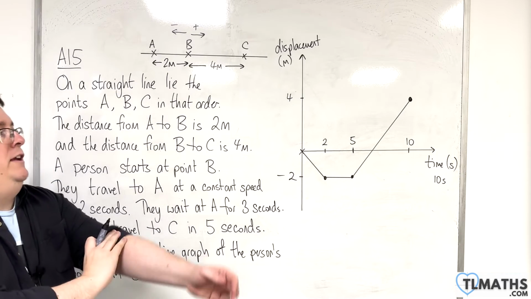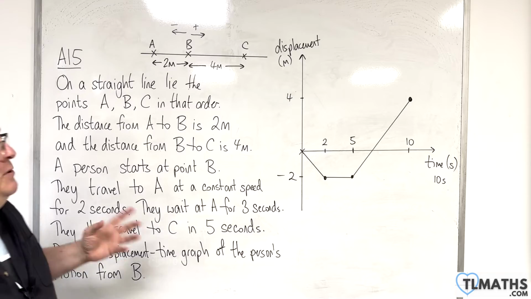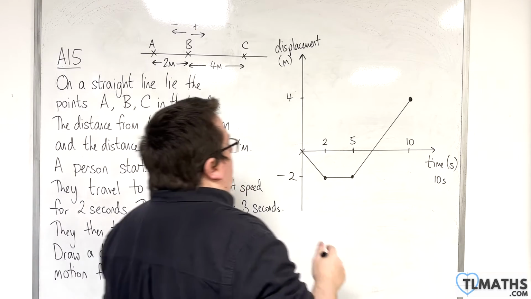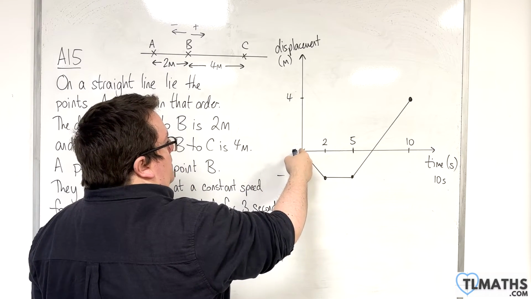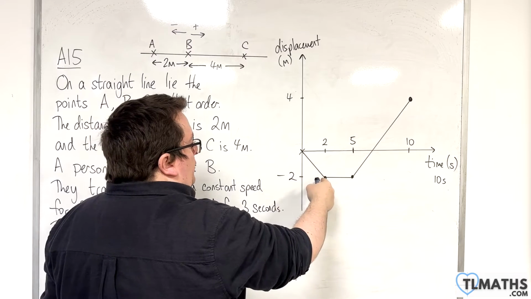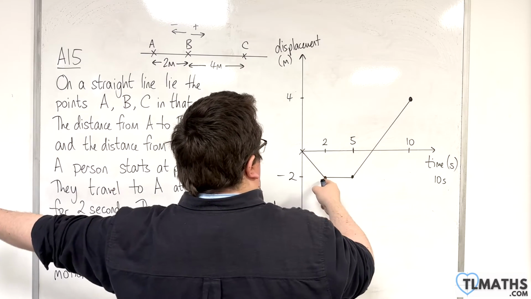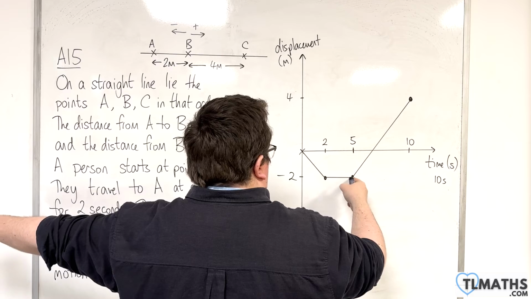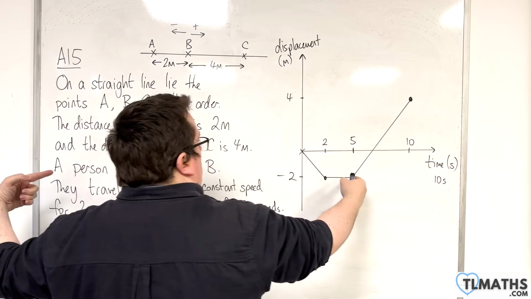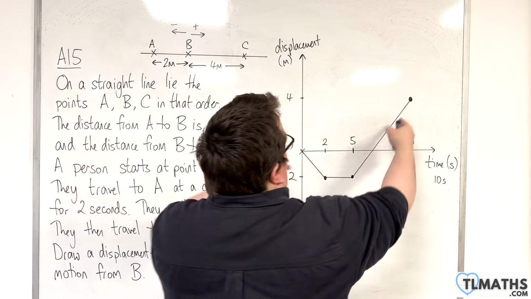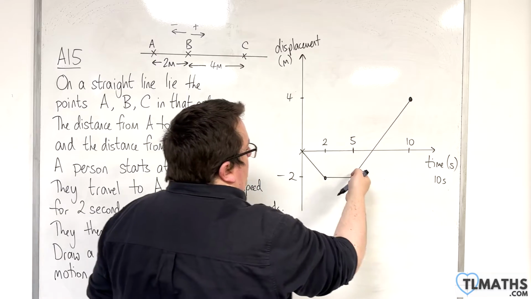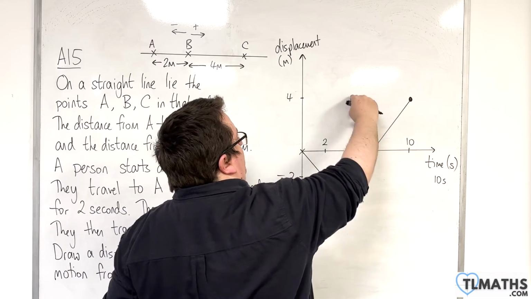Now it looks a bit strange, doesn't it? But the idea here is that you're starting at B, you've gone 2 meters to the left, you stay 2 meters to the left, and then you go 6 meters to the right. So that's a total of 6 meters, from minus 2 up to 4.